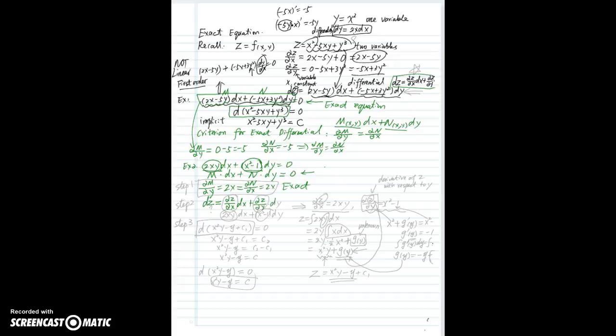So this is a derivative of some function with respect to x, so we're going to take integration with respect to x. Remember to treat y as a constant. If y is a constant like 2, I can pull it out. I get 2y and find the antiderivative of x. So the antiderivative of x is half of x squared.